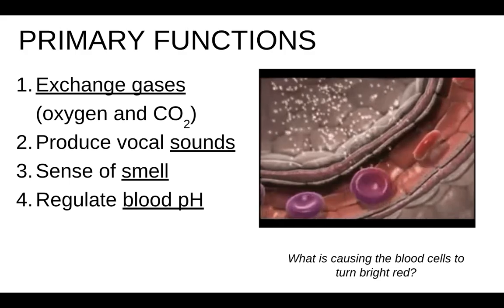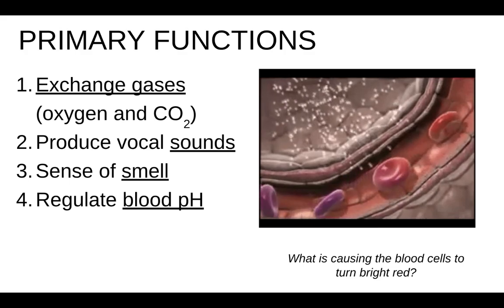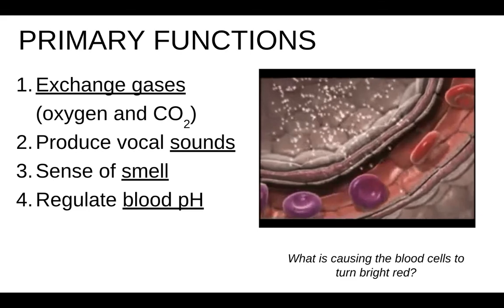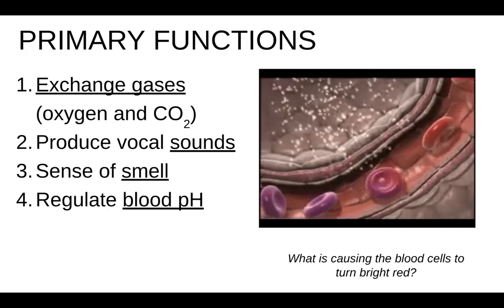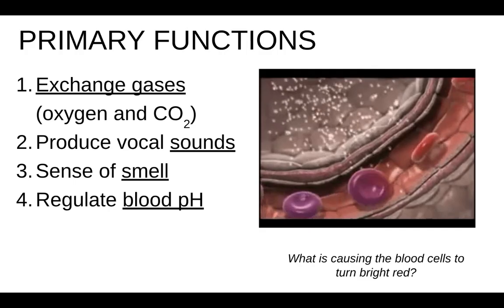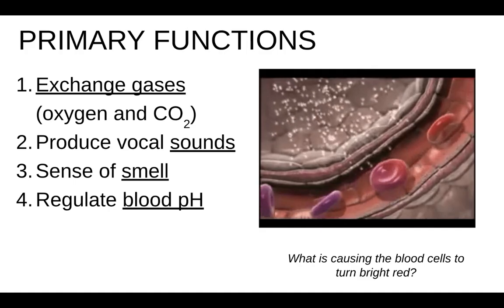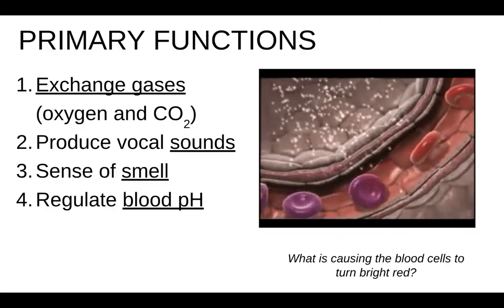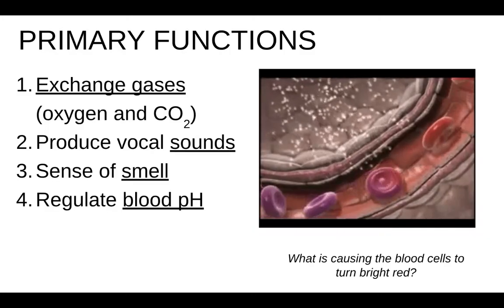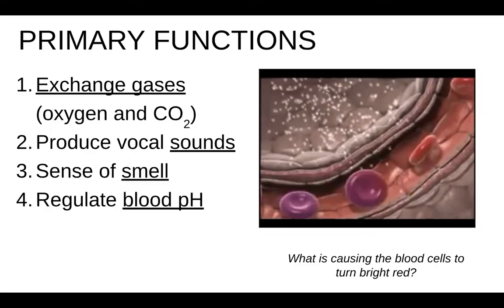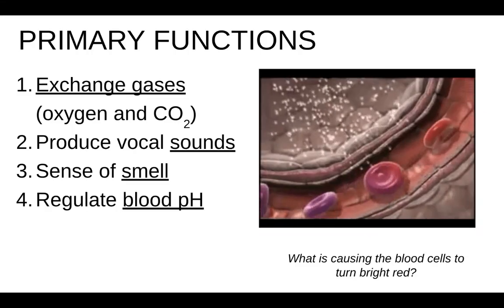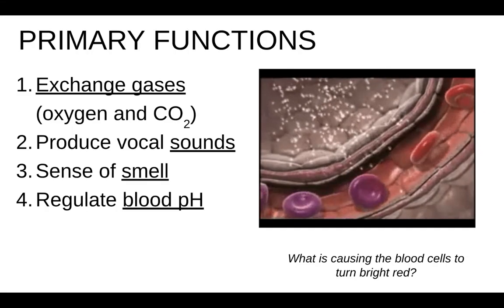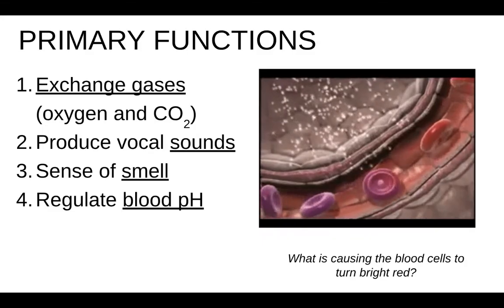So, some primary functions that we're going to deal with. The first one is oxygen gas exchange. We've already hit on this pretty heavily within our circulatory system unit, talking about how blood picks up oxygen and gets rid of CO2. Our next big function is sound production, whether it's talking to me, to you, to your siblings, or to your parents.